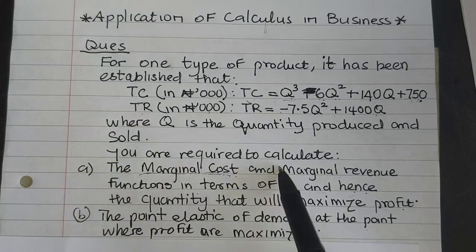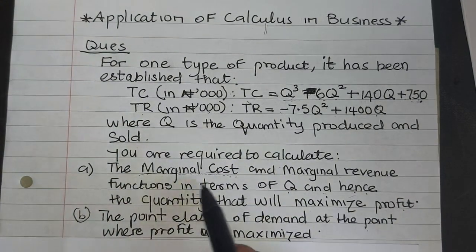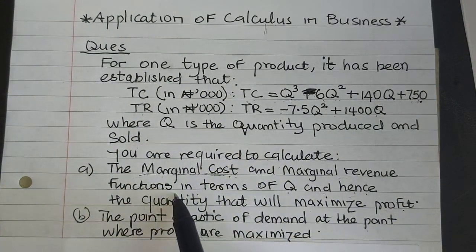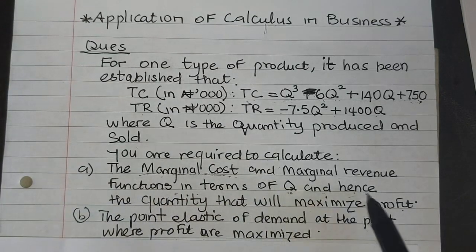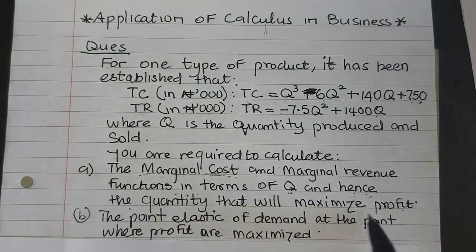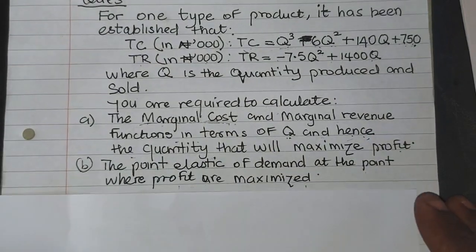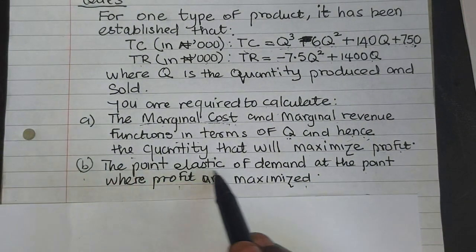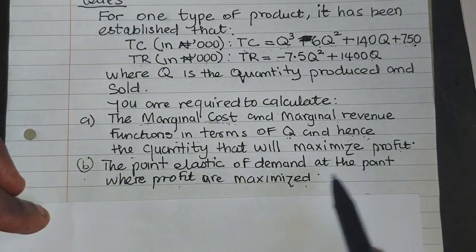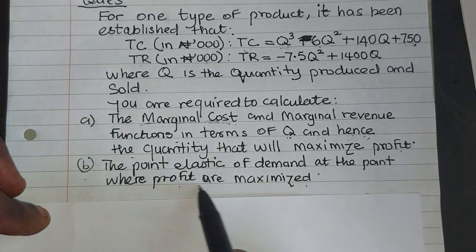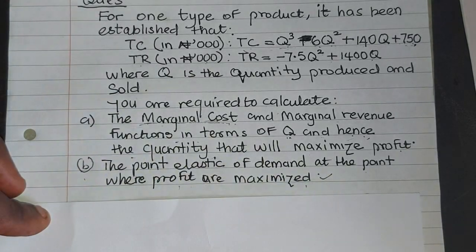You are required to calculate the marginal cost and marginal revenue functions in terms of q, and hence the quantity that will maximize the profit.